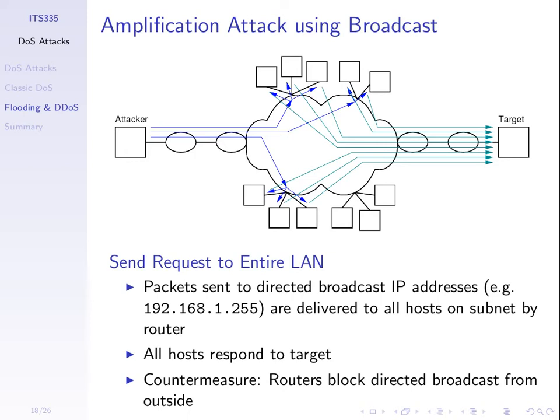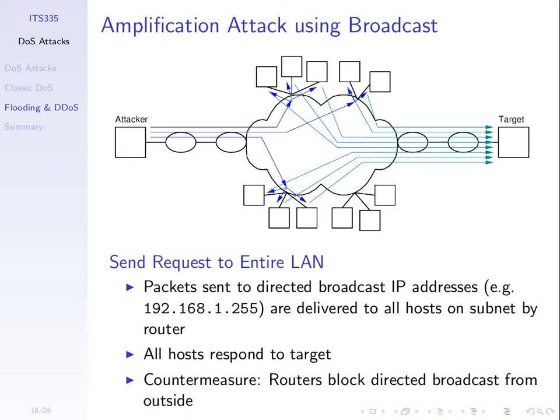The way this works, in theory, is that when you send a ping request to this special broadcast address, that one message is delivered to that subnet, and then the subnet delivers it to all the hosts on there. All hosts on this subnet receive the request, and then all of them reply to the fake source, which is the target.